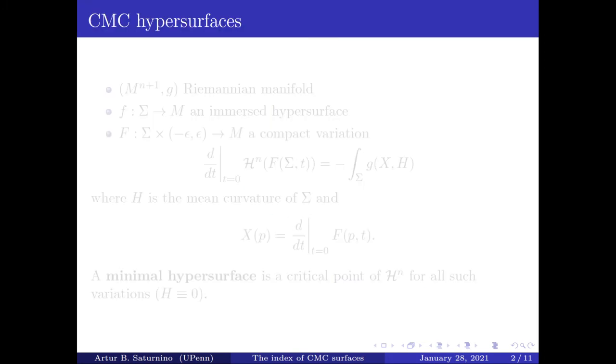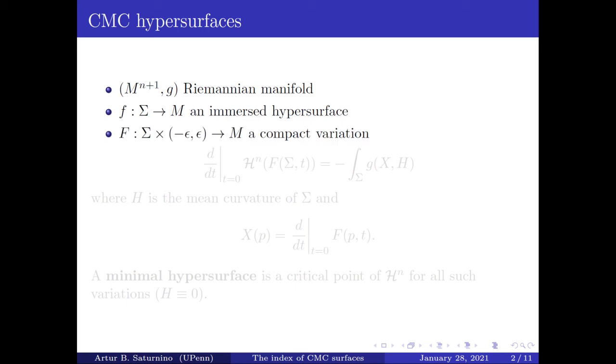So I'm going to start by defining a CMC hypersurface. Now let M be a Riemannian manifold of dimension n+1 and consider an immersed surface sigma immersed by this function little f.